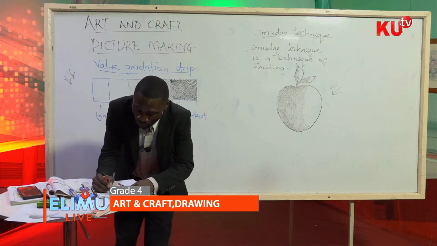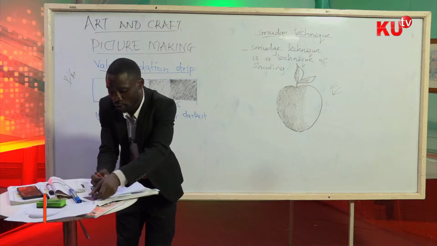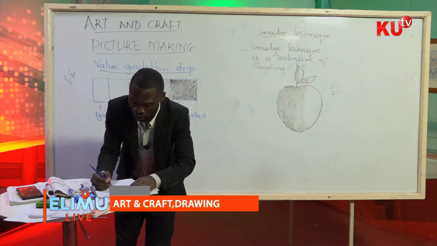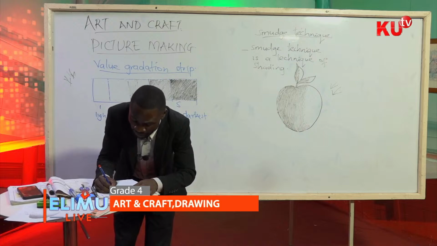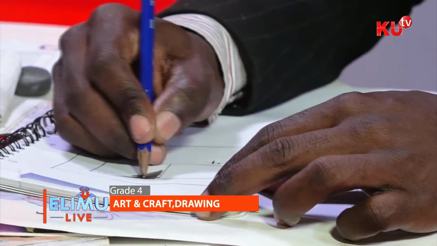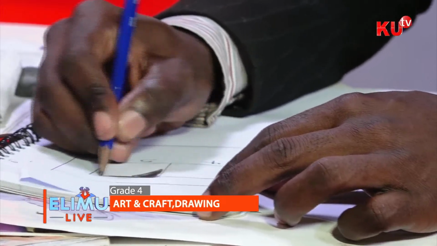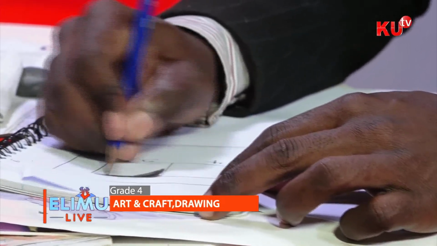Hold your pencil and press it so that it appears very dark. Start from the edges.